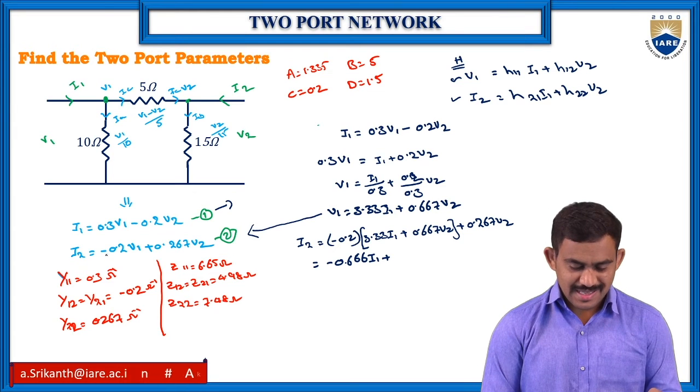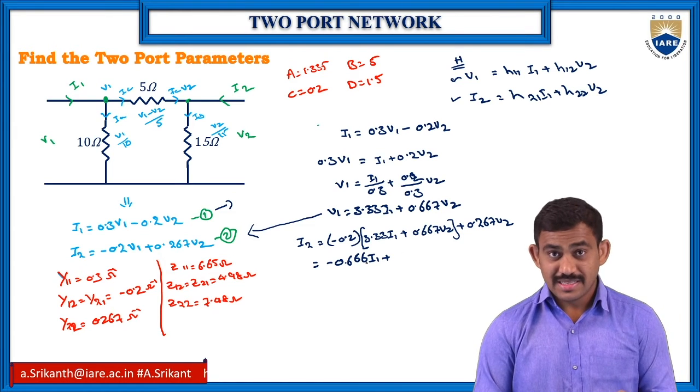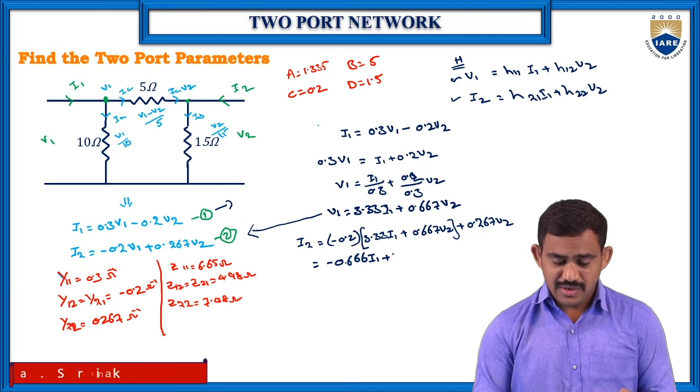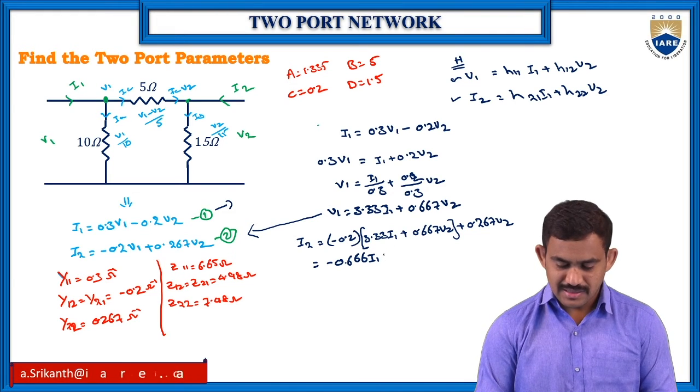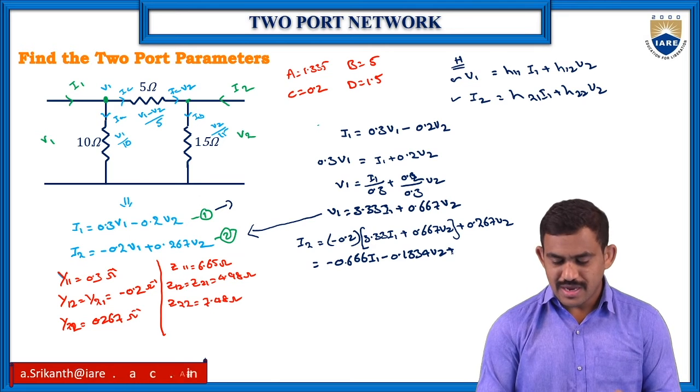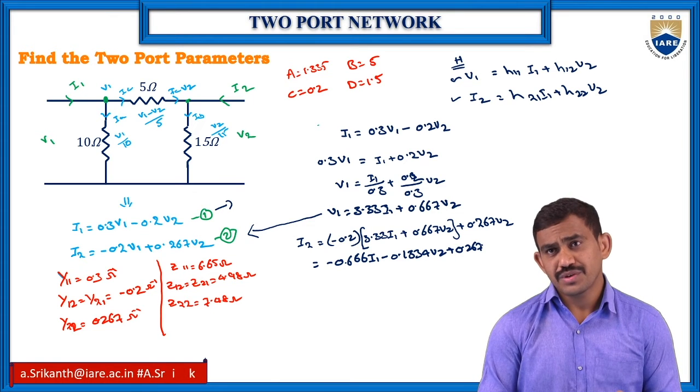Don't forget the minus; minus into plus gives the minus, so the value is minus 0.1334, plus we have the 0.267.